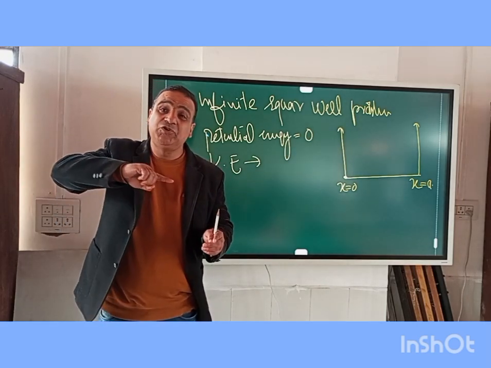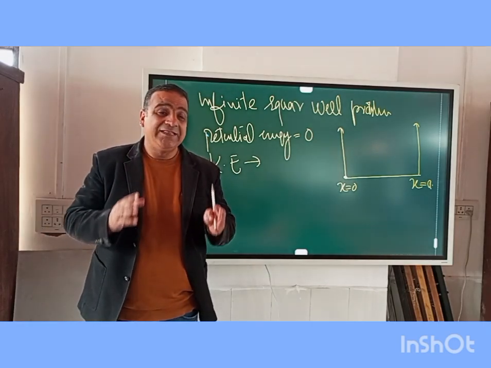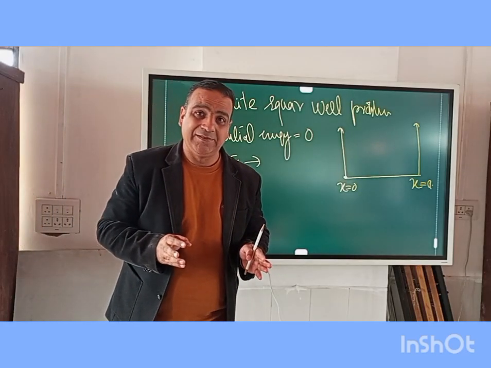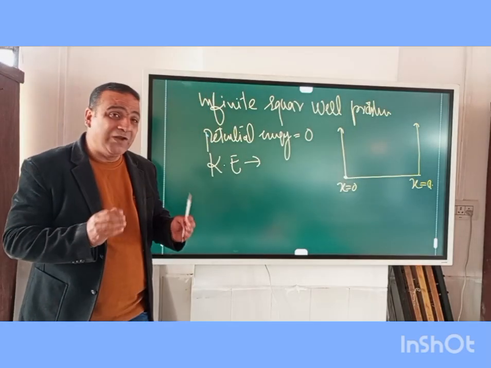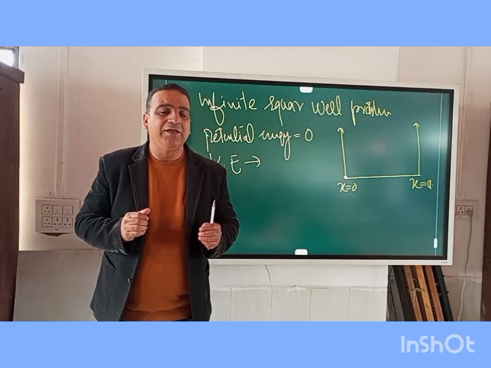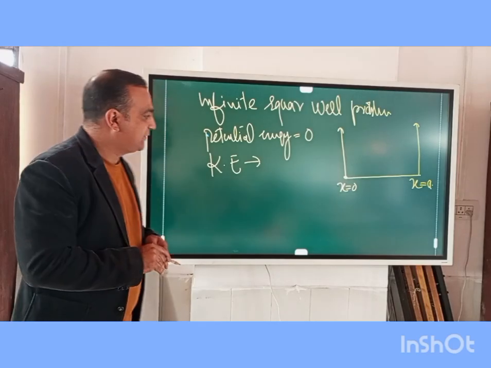Its derivative should be continuous. And point number 3 is that this wave function should be square integrable. Only then the problem that you are solving using Schrödinger's equation will give you acceptable results.